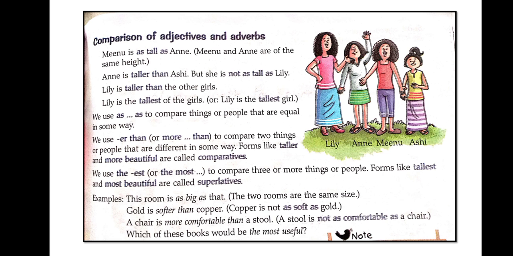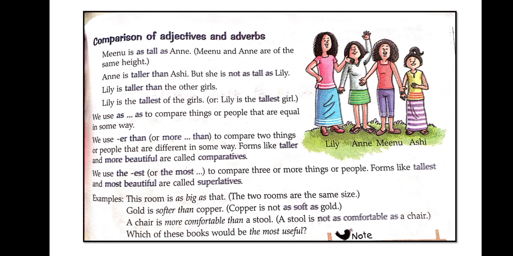When we are comparing two persons, we can use taller, right? And among all, of all the girls, we can compare. So Lily is the tallest girl, so there we can use tallest. We use as to compare things or people that are equal in some way.